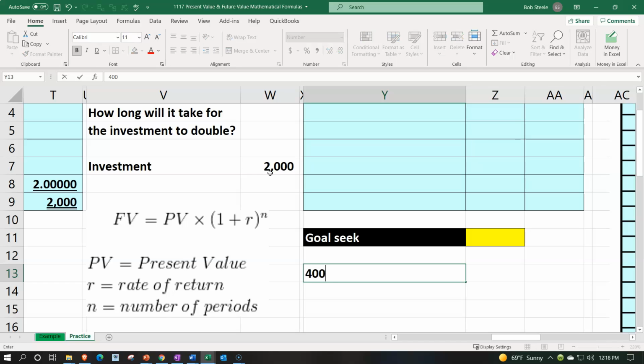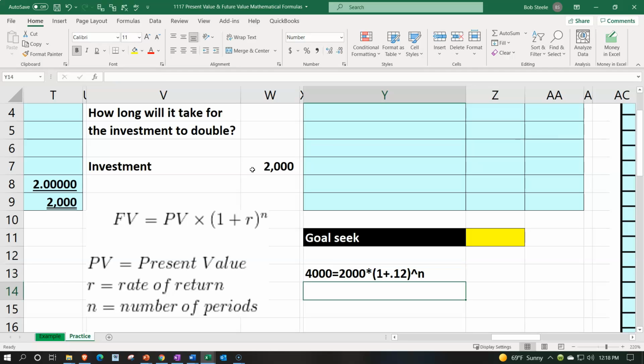So that would be 4,000, which would be equal to the present value, which is where the starting point is, 2,000, and then that would be times, this time instead of a division problem, brackets 1 plus r, which is going to be the 0.12, brackets, to the caret of shift 6, n. And that would be the unknown n. Then we can solve for it algebraically. So that's one method we could use. That's what you would do in a book problem most likely.